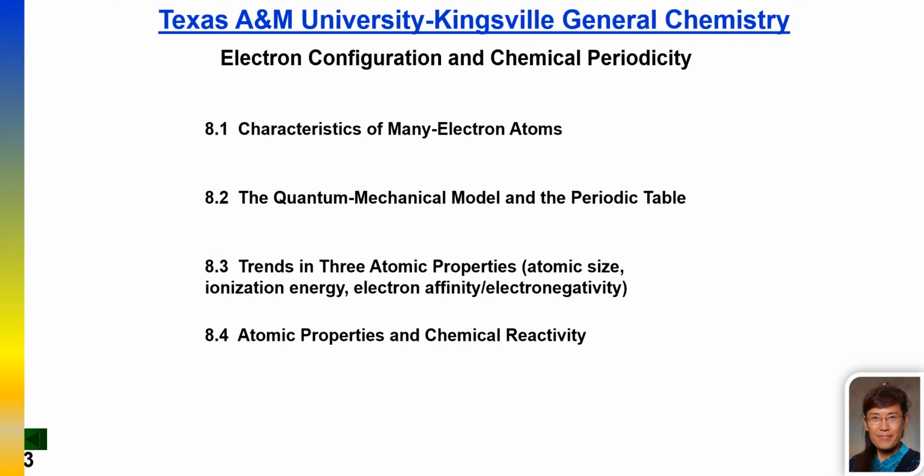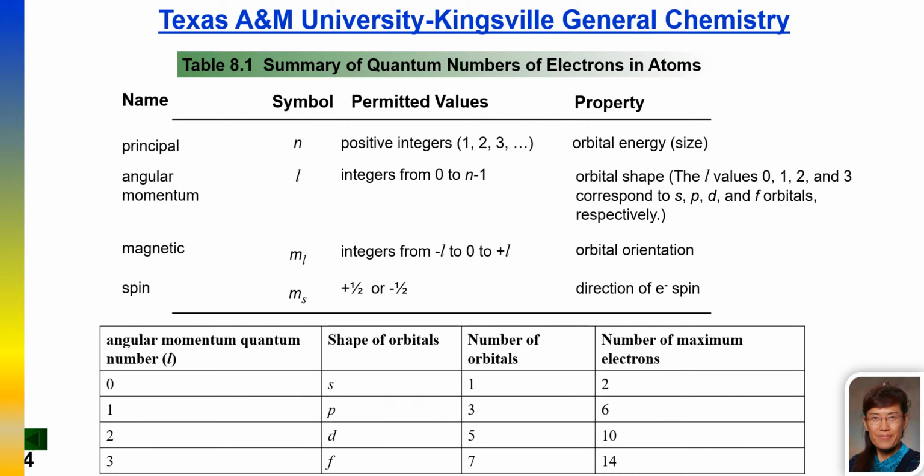reactivities. So first, let's recall our 4 different quantum numbers. The first 3, principal quantum number, angular momentum quantum number, and magnetic quantum number, describe the orbitals. The last one, the electron spin quantum number, describes the electron spin direction.